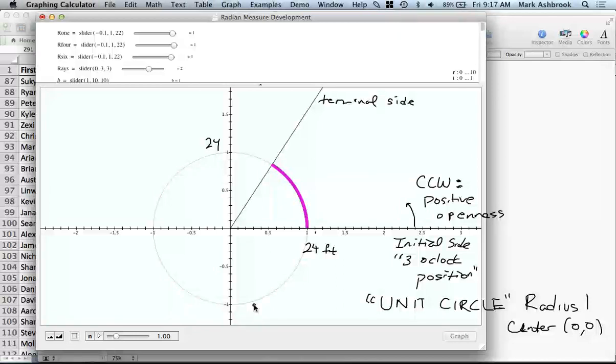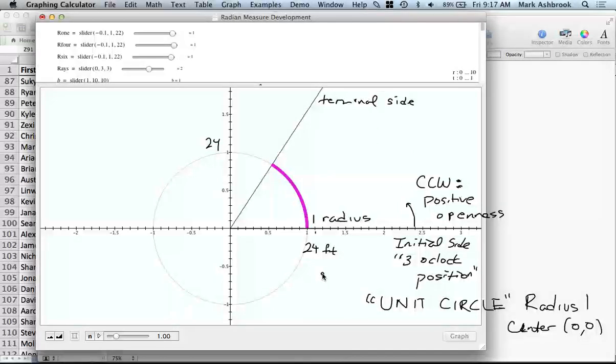And so what would the 1 represent? So what would 1 mean in this case? So 1 would be 24 feet, or 1, what? Yeah, 1 radius length, you see? So in this case, our circle is 24 feet, but that 24 feet is 1 radius.